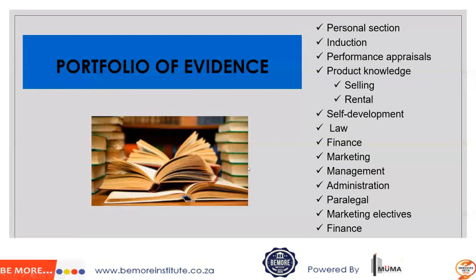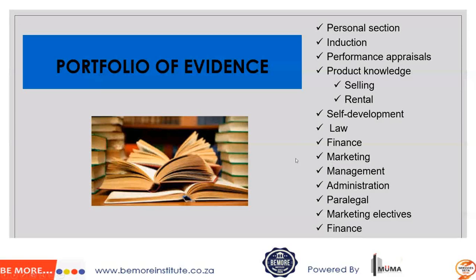The portfolio of evidence that you will have to compile: you will have a personal section, an induction, performance and appraisals, product knowledge, selling, rental, self-development, law, finance, marketing, managing, administration, paralegal, marketing electives, and finance. So this is what is needed in your portfolio of evidence that you will submit.